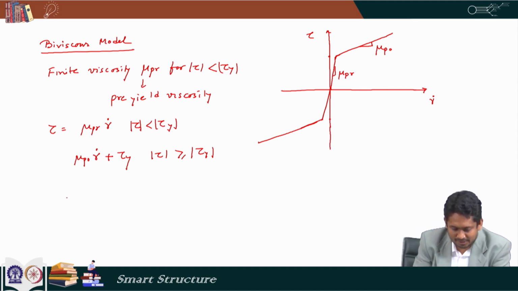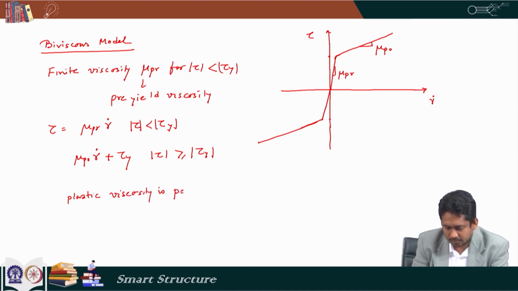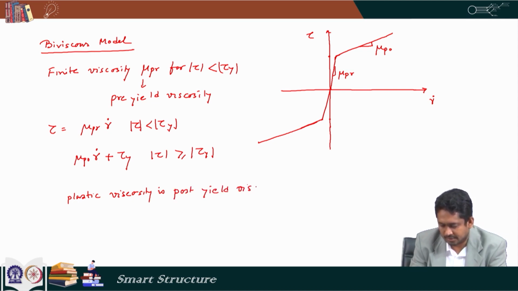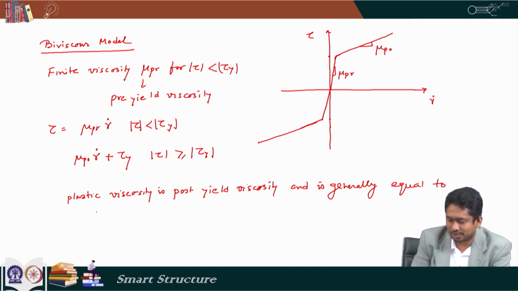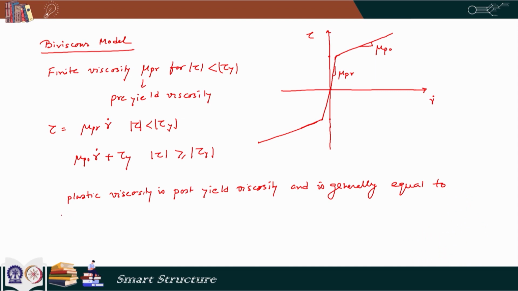So, the plastic viscosity is the post-yield viscosity, and it is generally equal to, or it is considered to be equal to for all practical purposes, the no-field viscosity.